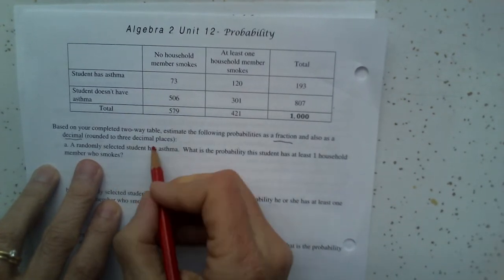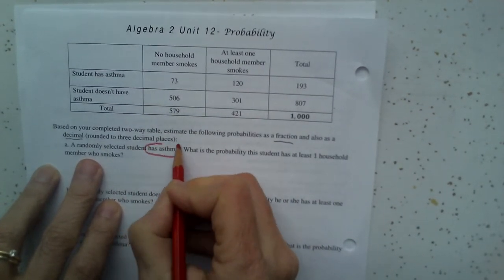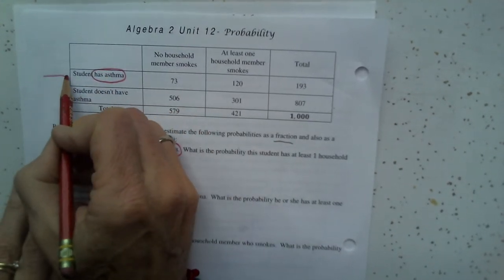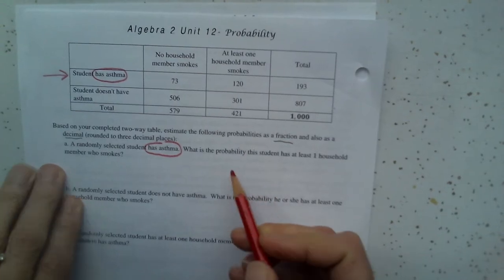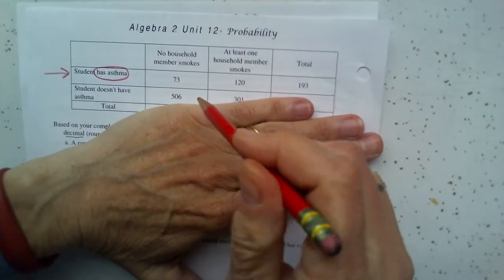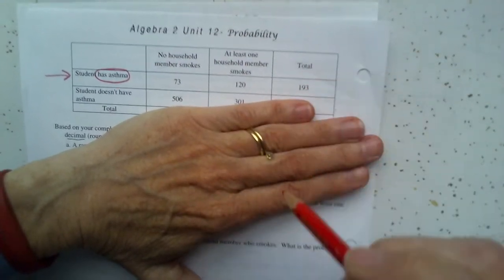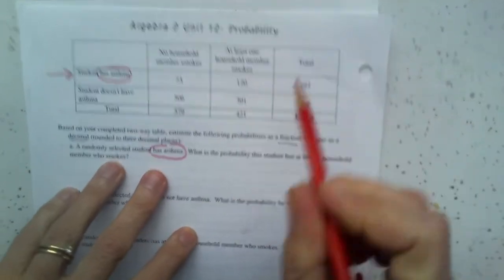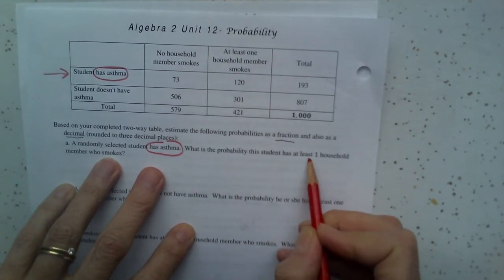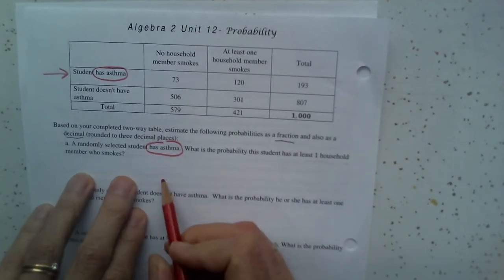So when you have this first sentence, has asthma, you're just going to say, we are only going to look at the has asthma row. You're not going to look at any other numbers. You're just going to look at the numbers in this row, 73, 120, 193, because these are the people that have asthma.